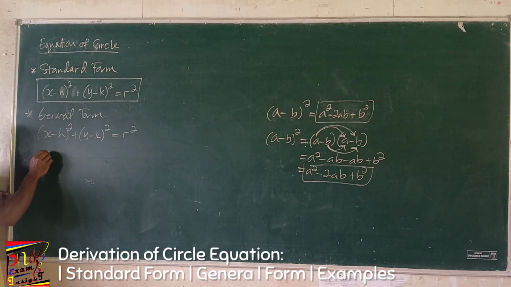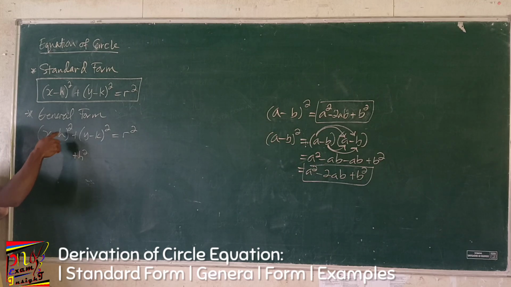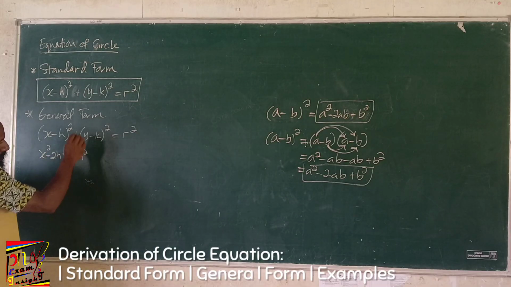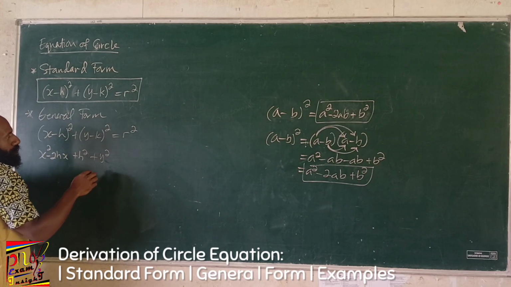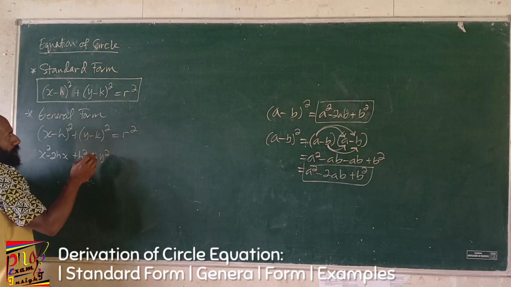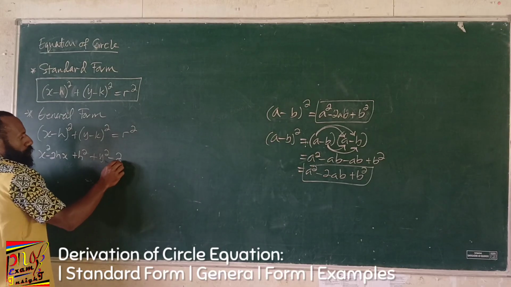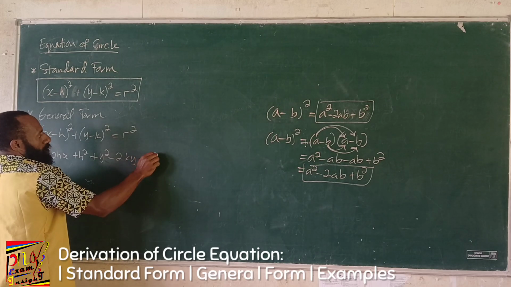So here it should be x squared, and then h squared. Then x multiplied by minus h, multiplied by 2, gives minus 2hx. Applying the same, we get y squared, y times minus k gives minus ky, multiplied by 2 gives minus 2ky, and then plus k squared.